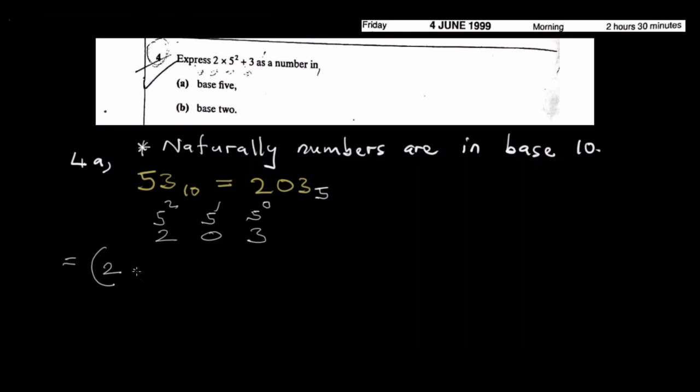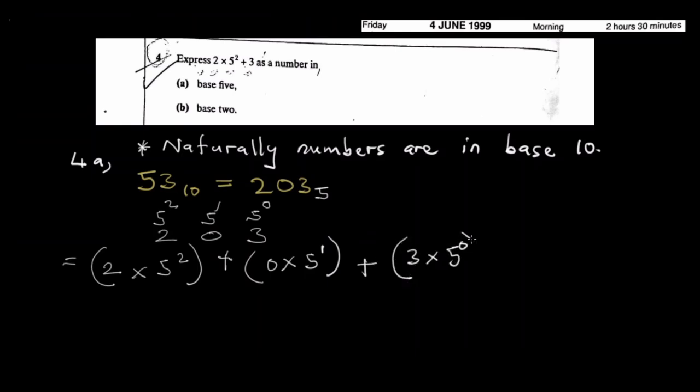After having done so, we say 2 times 5 squared plus 0 times 5 to the power 1 plus 3 times 5 to the power 0. Take note what we are doing.